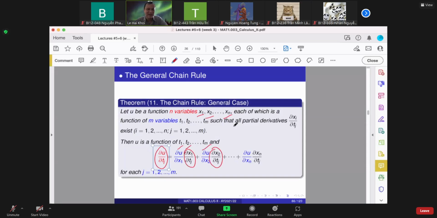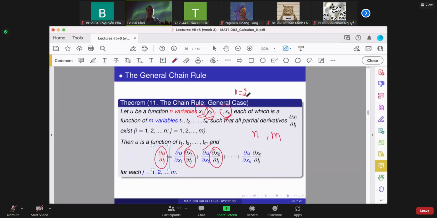So pay attention. n is the number of variables of the main function and m the number of variables of each main variable. Then it depends on what m and n are. You can have different versions of the partial derivative using the chain rule.